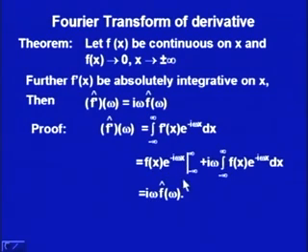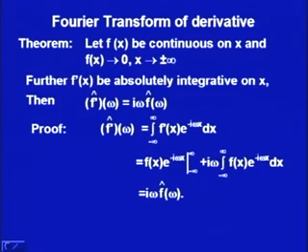When x approaches minus infinity, the exponential factor is of course growing, but we are assuming that f(x) goes to 0 faster than this goes to infinity, so the product goes to 0. When x approaches infinity, both factors are approaching 0. So both times it gives us 0. That is what we have got: the Fourier transform of the derivative is nothing but i omega times the Fourier transform of the function.